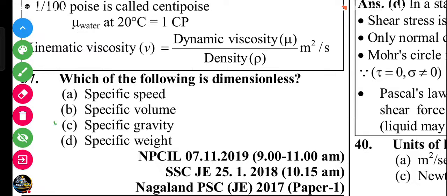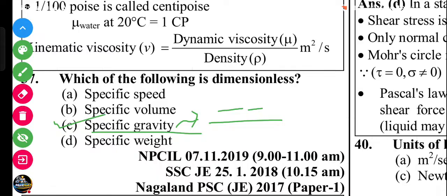We know the specific gravity is the unitless or dimensionless quantity, because the specific gravity is the ratio of the density of the fluid to the density of the ideal fluid, or the specific weight of the fluid by the specific weight of the ideal fluid.